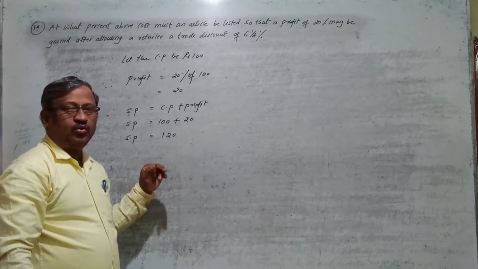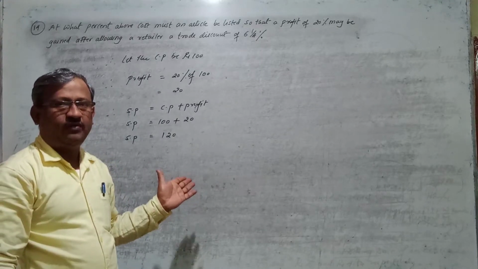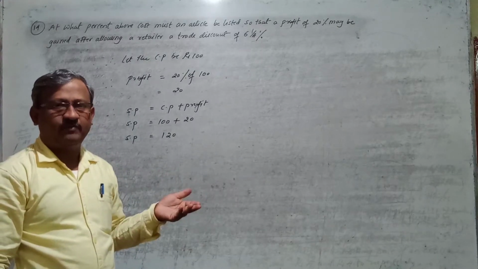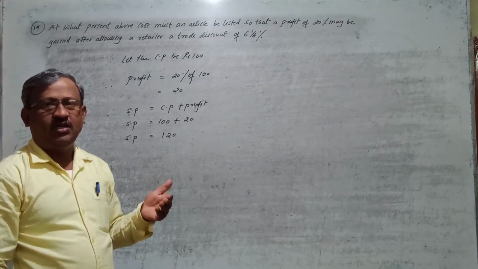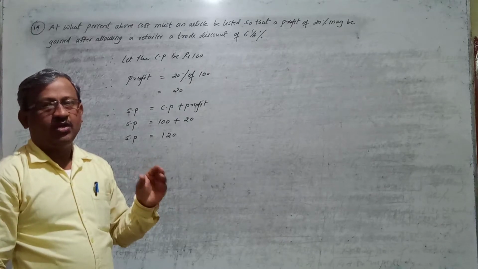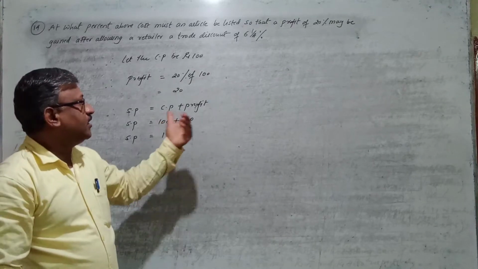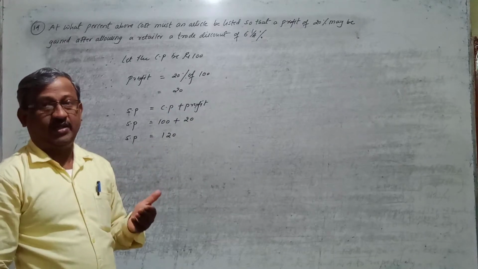But directly if you go to sell at 120 rupees to his customer, the customer will not pay him 120 rupees. Again he will start bargaining. So to avoid the bargaining, what the seller does, he himself gives some discount on the price fixed, right? So that he can sell that article very easily at his desired price, right?